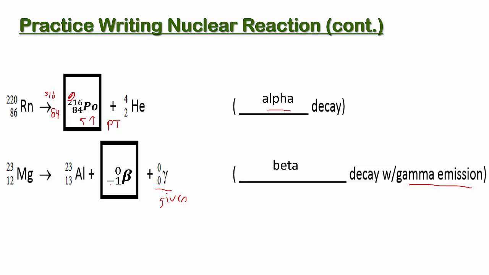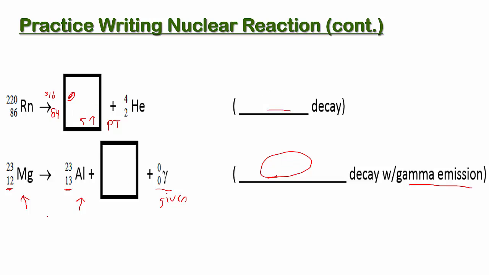So we have that negative 1 is our beta decay that's happening. What's going on is we have a neutron turning into a proton for this reaction to occur. So in the end, what we're looking for is that difference between the start of the reaction and our end of the reaction must have those same numbers included between the two.